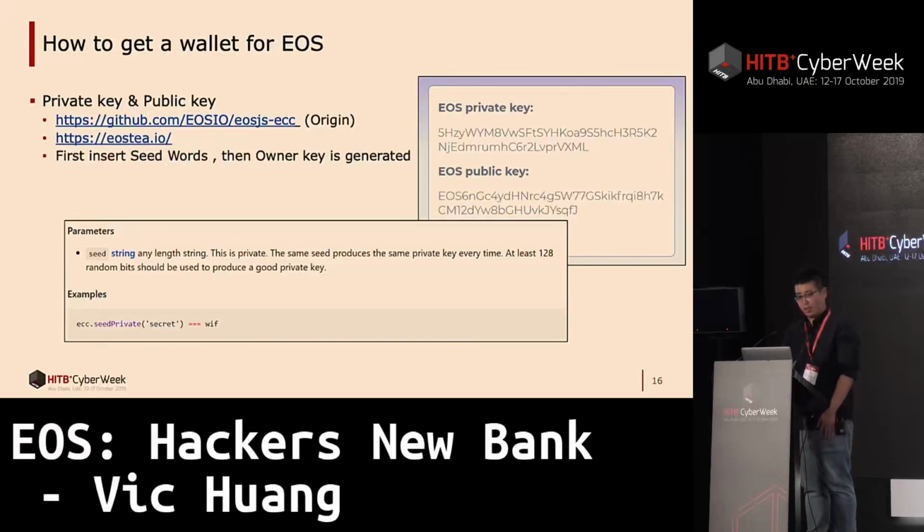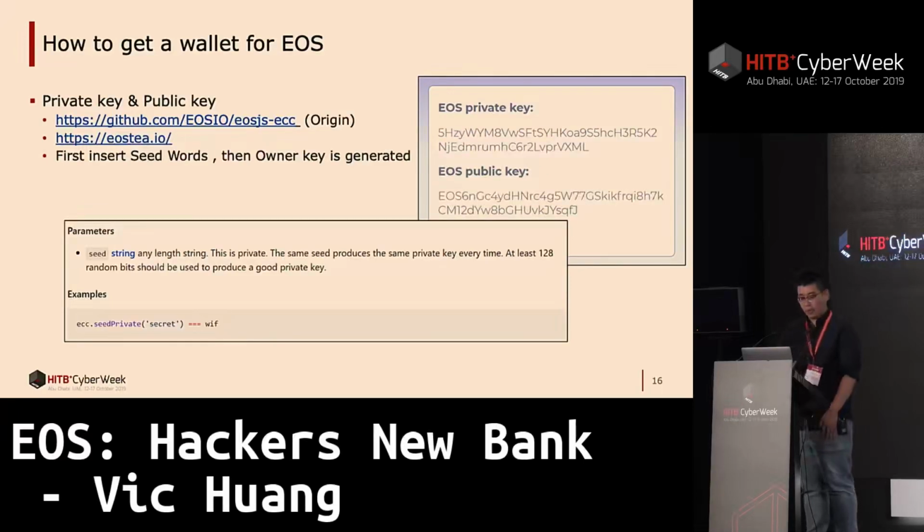If you use the generator with a seed word, like in MetaMask, you insert the seed word, and the generator will generate a key pair of private key and public key, and you can use it as your wallet.